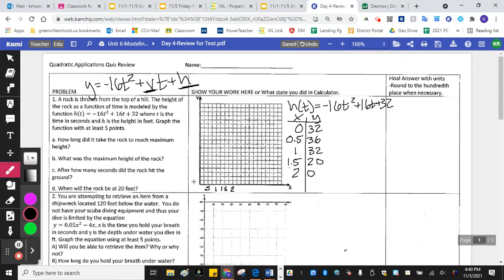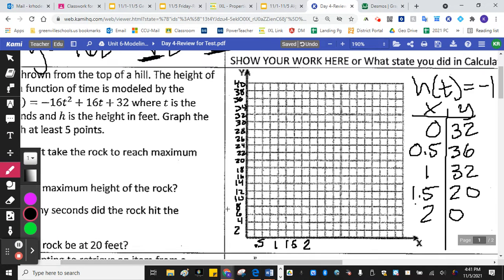I have to go to 36, so I'm going to count by 2s on this one. Okay, and then count up by 2s, and I graph everything. 2, 0. This is not labeled well. That's 0.5, and so this is 2. At 0.5, it was 36 up here.